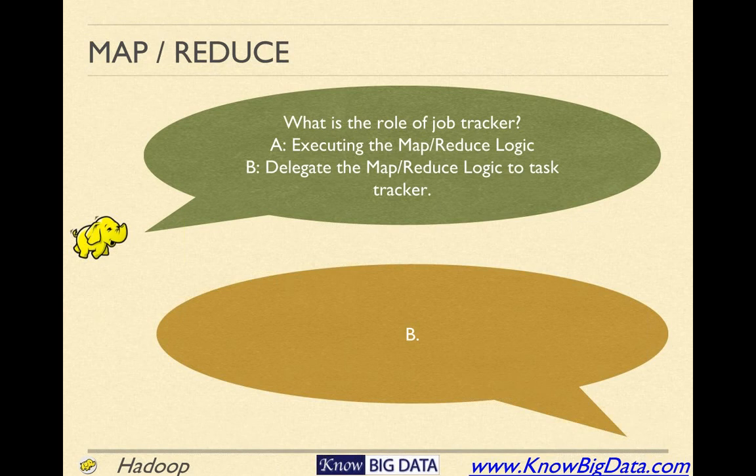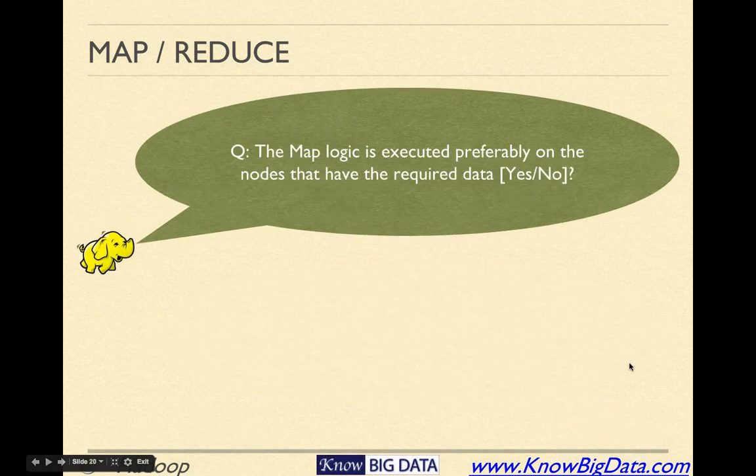All right. Correct. Great. Almost everybody's correct. Now, the next question to all of you is, the map logic is executed preferably on the nodes that have the required data.